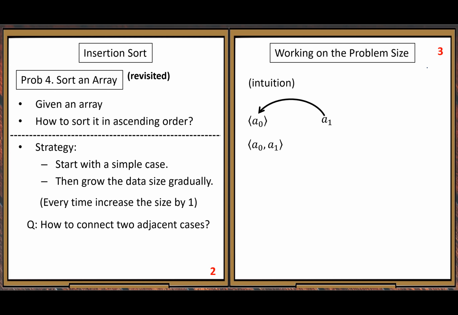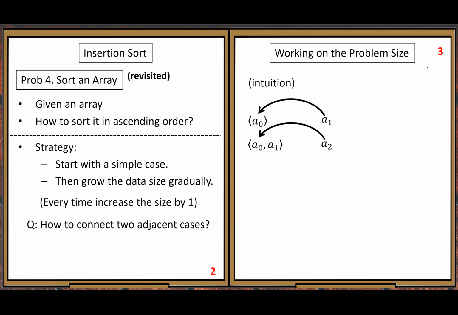And suppose a new element comes in, A2. This time, we need to put A2 in the current array and make a new sorted array. So we need to do some work to bridge the gap. After adding a new element, you need to do some work. That is the gap.